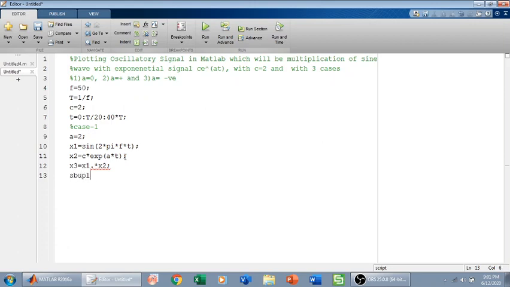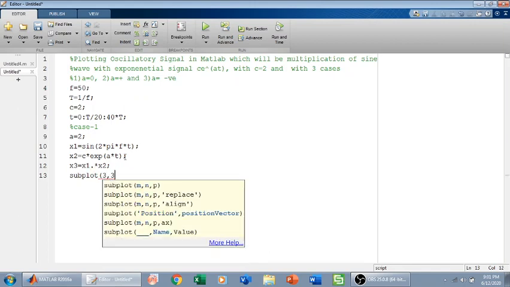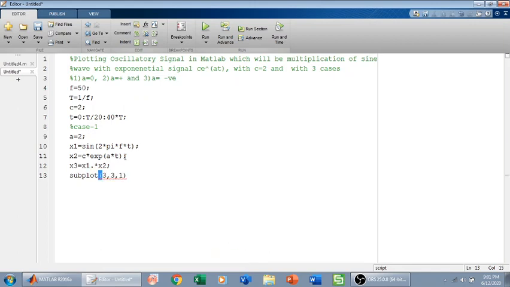Now I will plot all these three. I will use the subplot command with 3 cross 3 sub-regions, because I want to plot a total of 9 regions. I will plot x1 and give it the title sine wave.